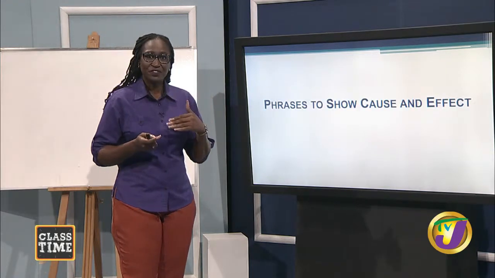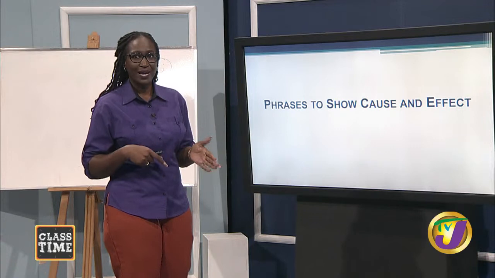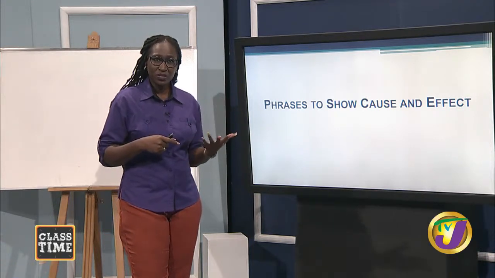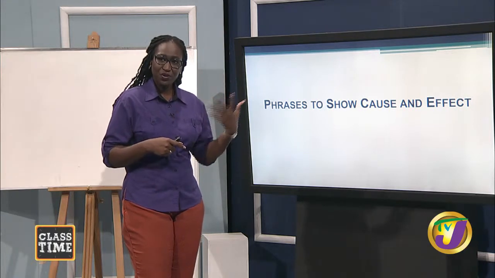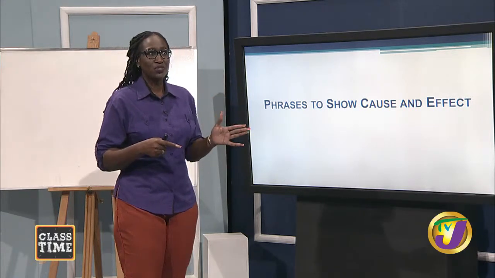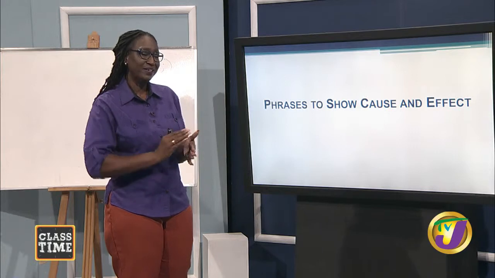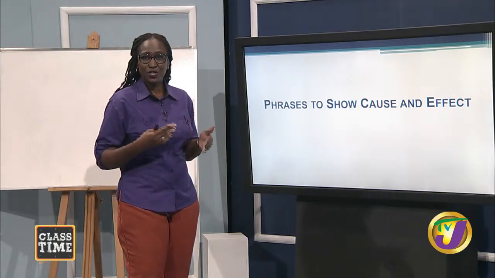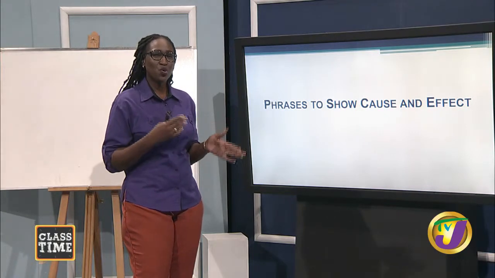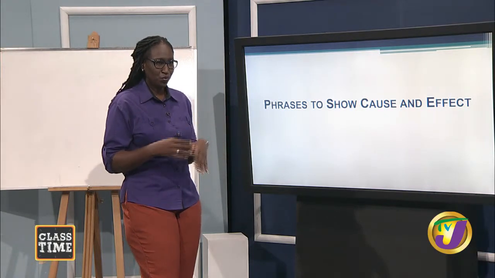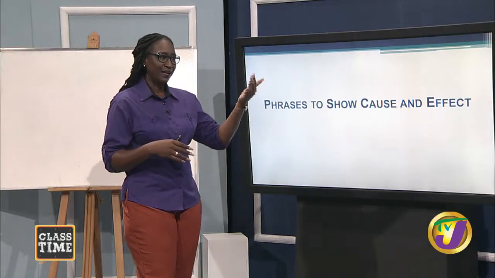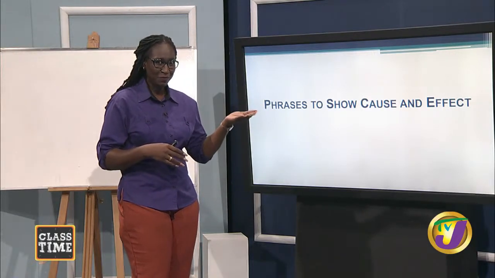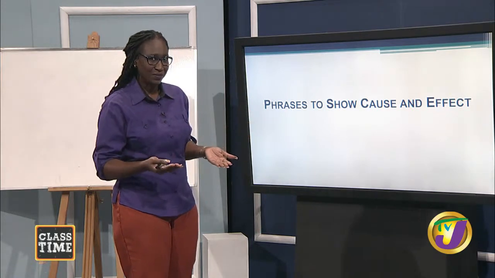Now we want to look at phrases that show cause and effect. Think about it. You have a cause, which you're going to talk about, or you have talked about. Now you want to transition or link it to the effect. What are some typical ways that you would do this? What are some words you would normally use in order to show one thing happened, and as a result of that one thing happening, something else happens?